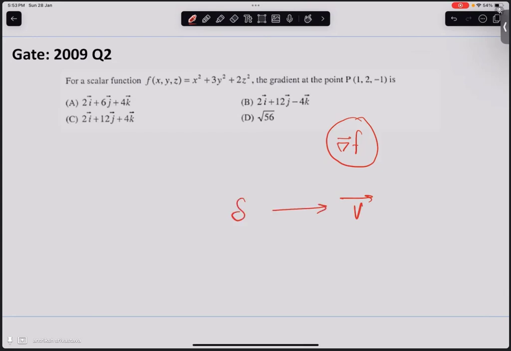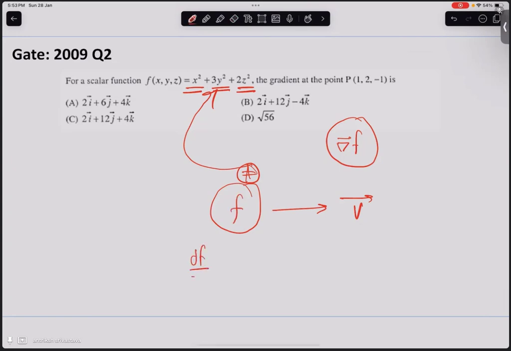You differentiate this scalar, which is most likely going to be a function of multiple variables. You differentiate this scalar partially with one variable, and then you put that in the x component of the vector, let's say if you have differentiated with x.